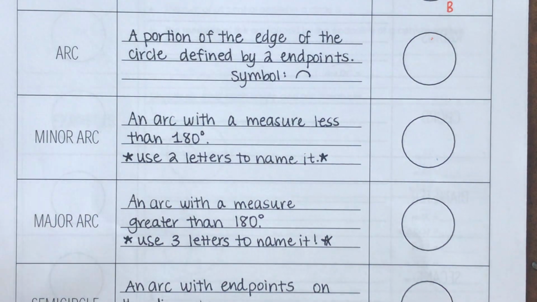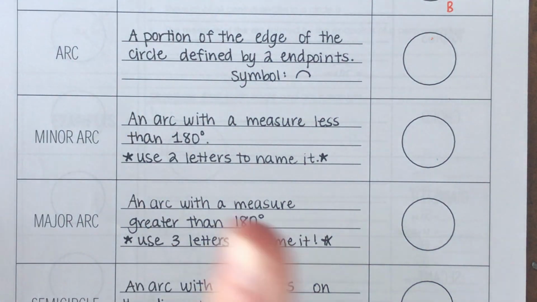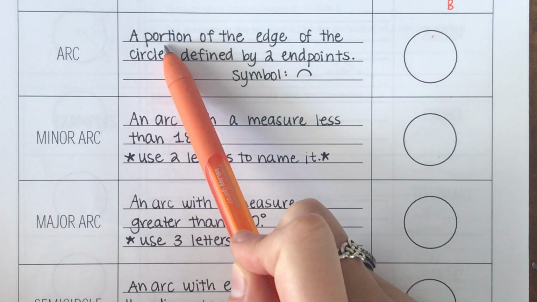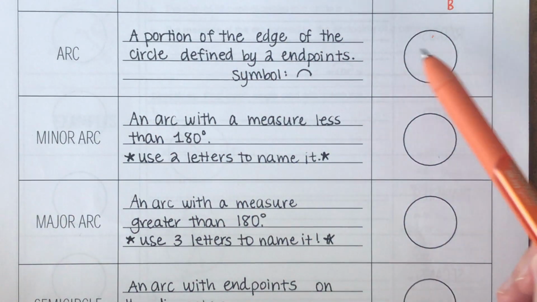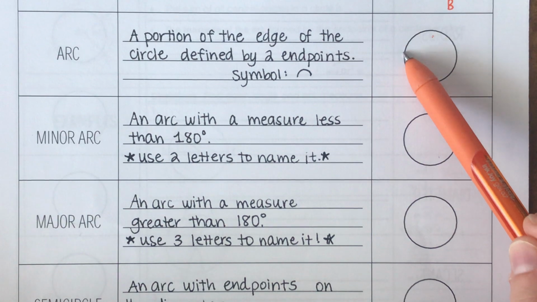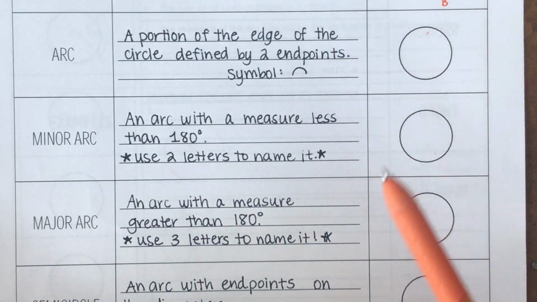My next words are called arcs. An arc is something that looks like it's curved. An arc is a portion of the edge of the circle defined by two endpoints. So an arc is a piece of the edge of the circle.